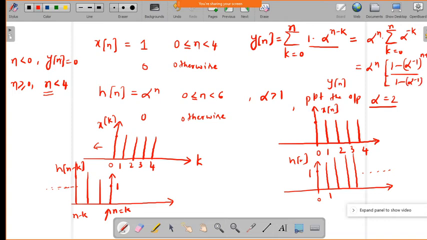Okay, so this is the output for the index n greater than 0 and n less than 4. So now we can simplify this.